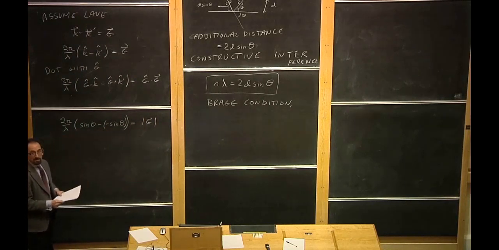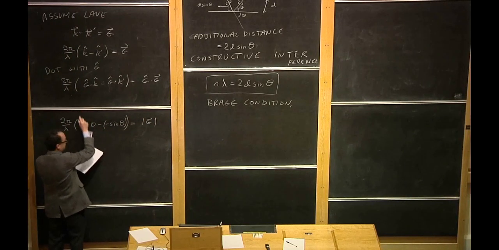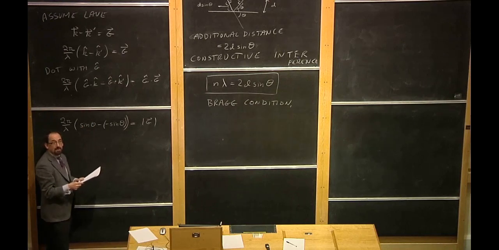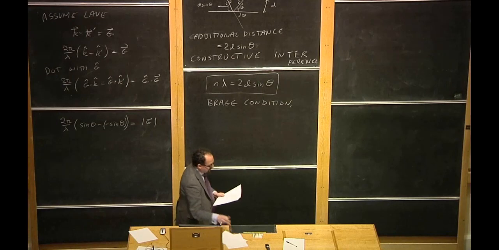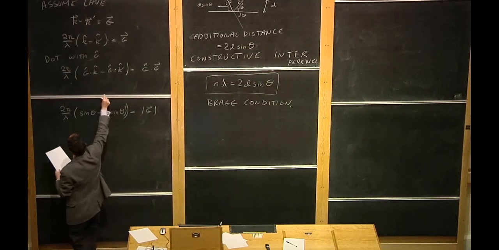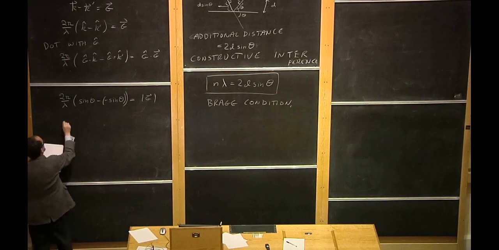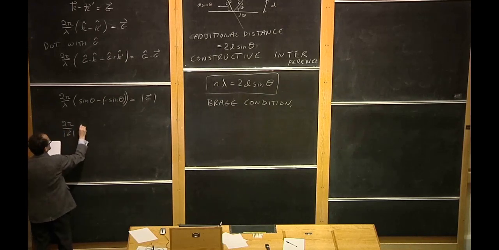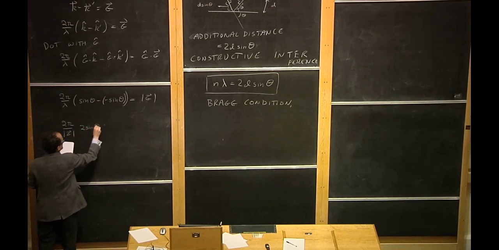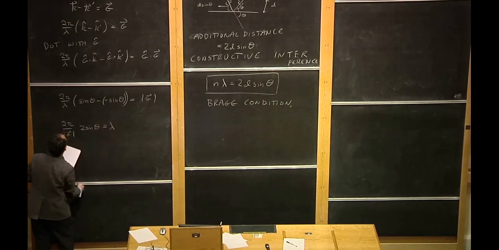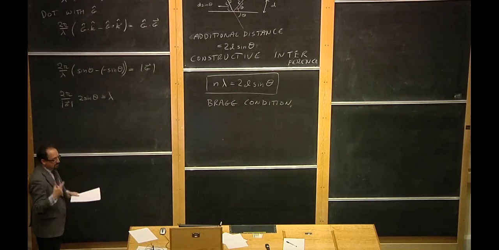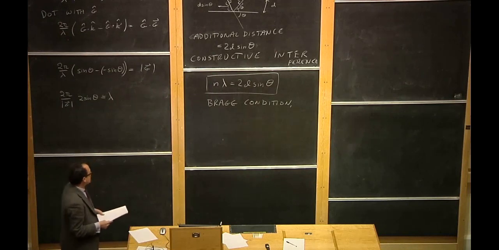Everyone still happy? Okay. So just a little bit of rearrangement. This becomes 2 pi over the absolute value of G times 2 sine theta equals lambda. And now remember what we derived last time about reciprocal lattice vectors.